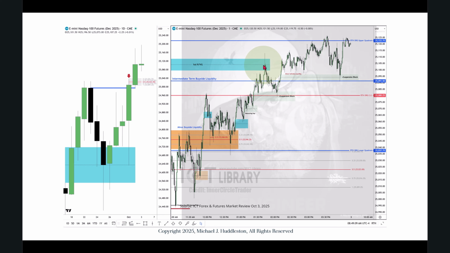So random. So we drop down into the bullish suspension block here and that old intermediate term buy side liquidity pool. That's what's happening here. And then we rip up into it one more time, trade into the upper quadrant of the opening range gap. So 2 times it hits it here, and that's pretty much the business for NQ.